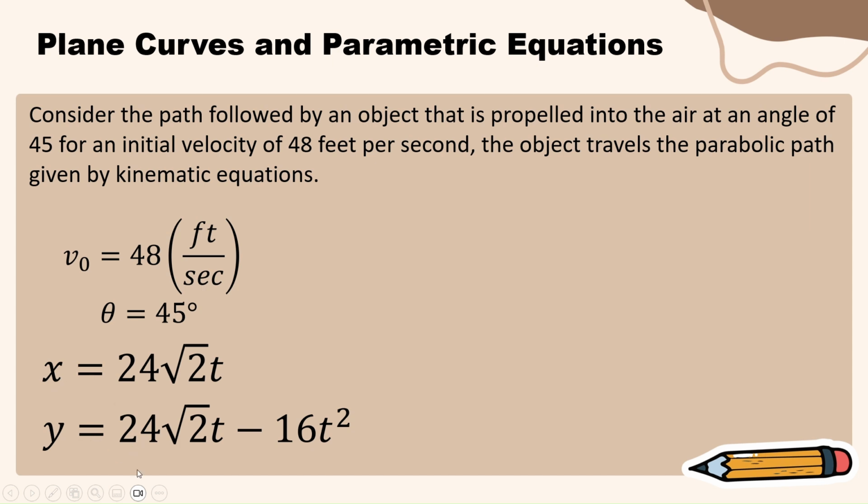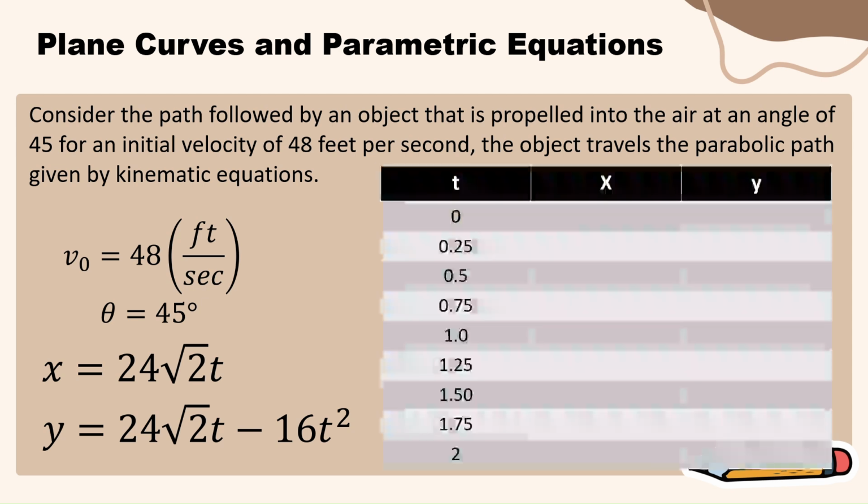So bawat time meron tayong x location as well y location, and pag nakuha natin yung several values of x and y, we can plot that in our Cartesian coordinate plane for us to determine the path that is followed by the object. So we will make use of this table.